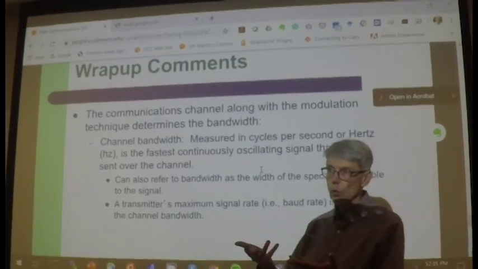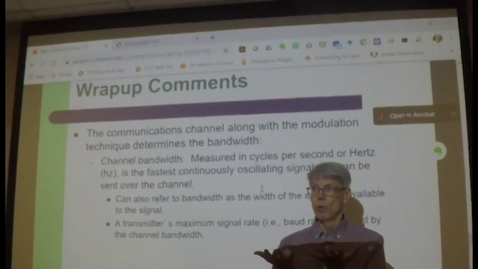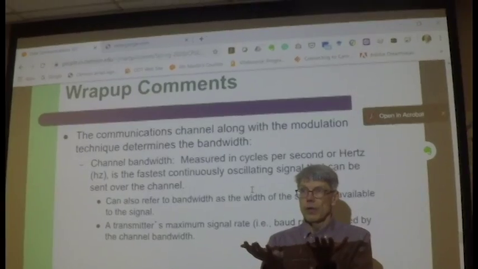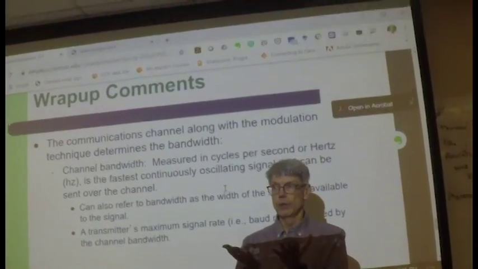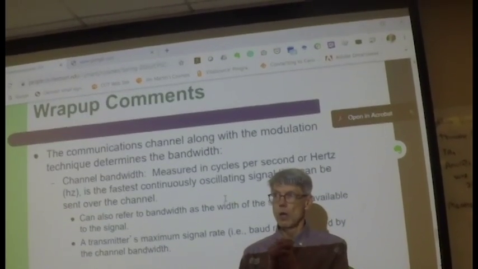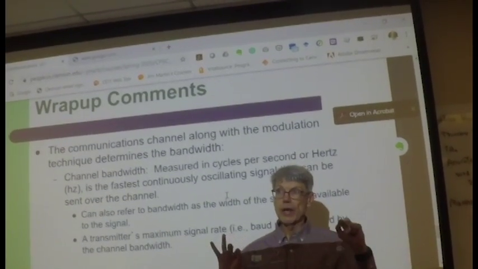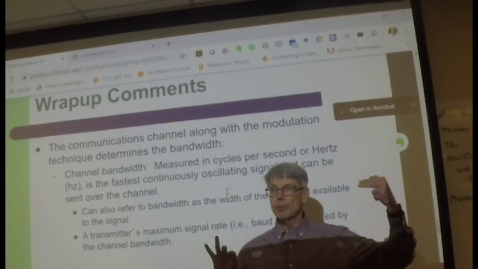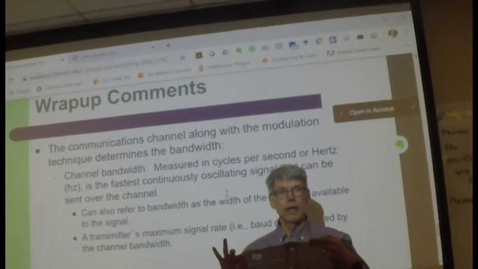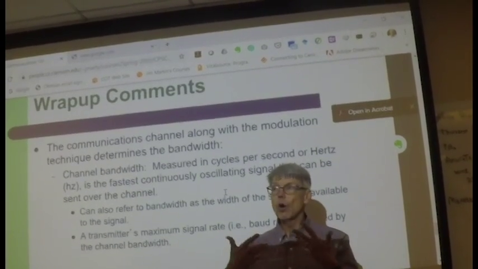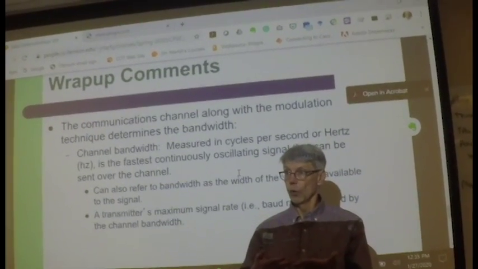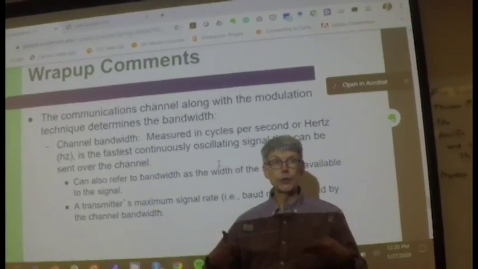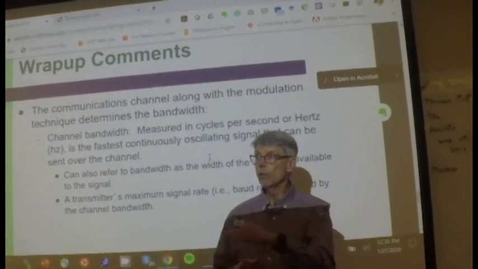Any physical medium has a maximum bandwidth associated with it. So that means that there is a maximum data rate at which you could possibly hope to use that physical medium for sending data.